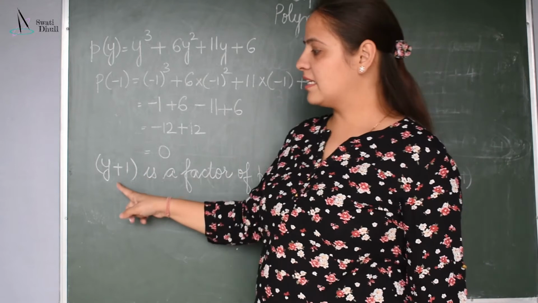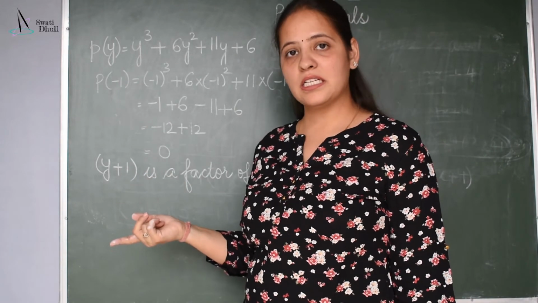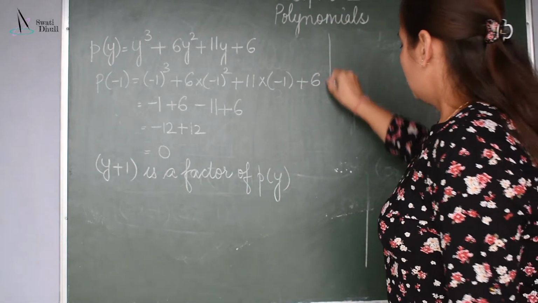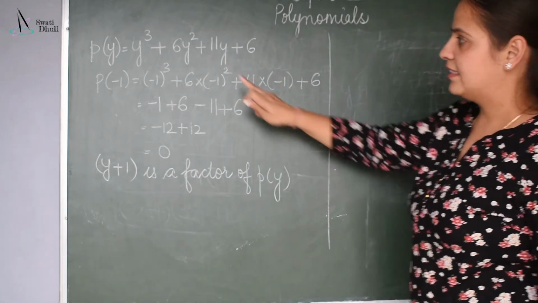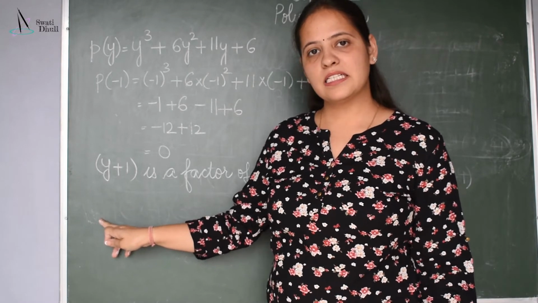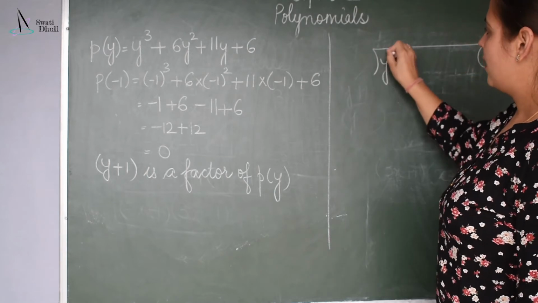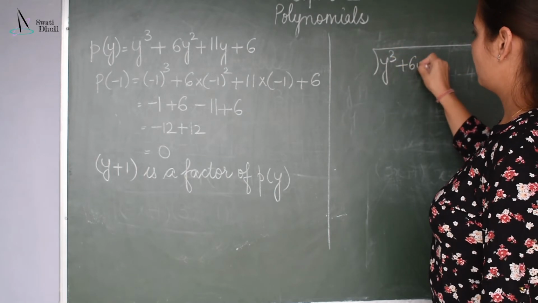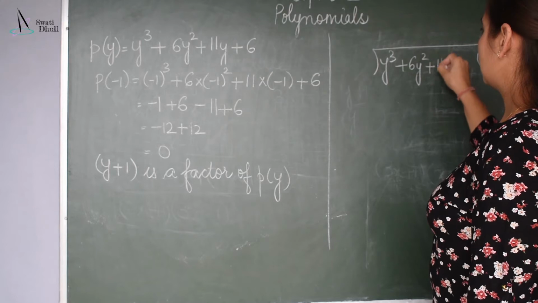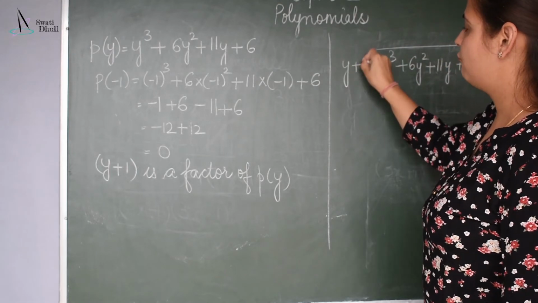I know that this is a factor of this polynomial, that means the remainder will be 0. So if I divide this polynomial by y plus 1, I will get the remainder as 0. Let's see how. y cube plus 6y square plus 11y plus 6, and y plus 1 is the factor.